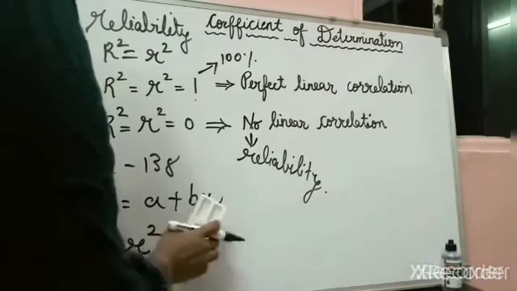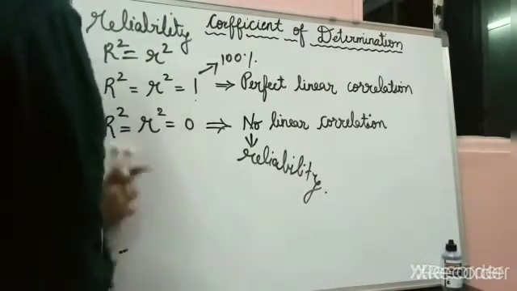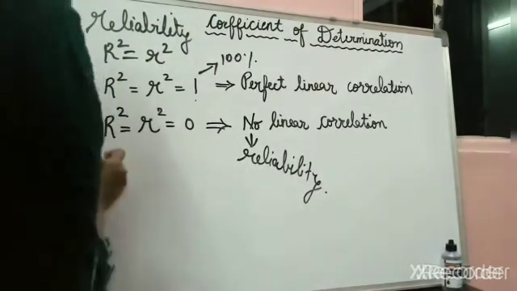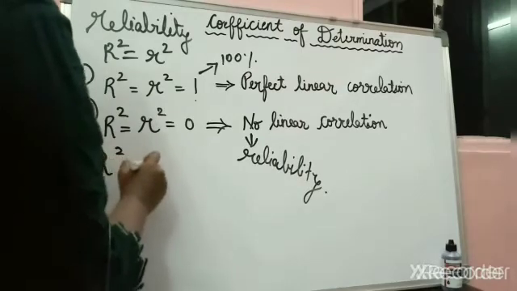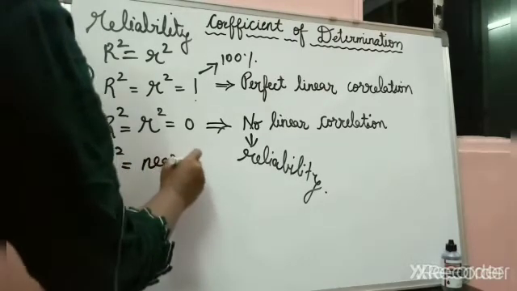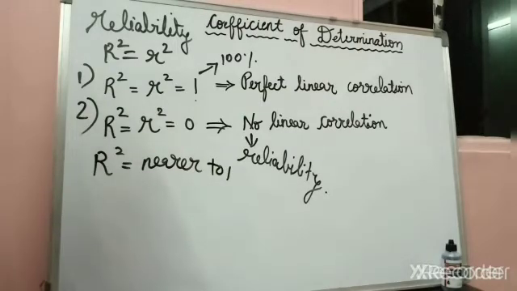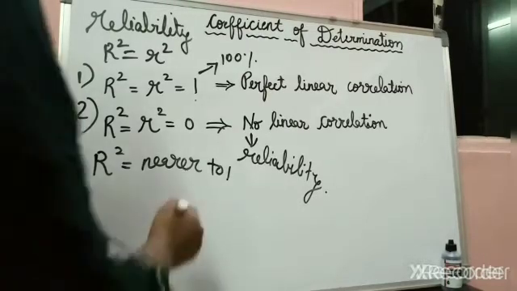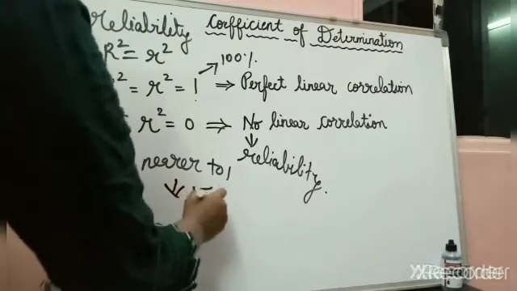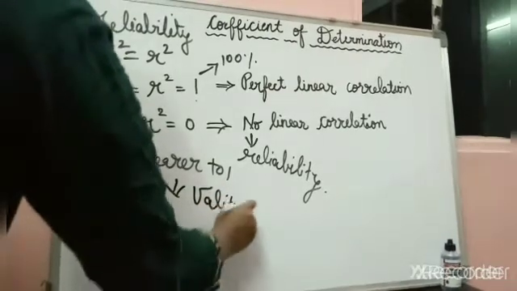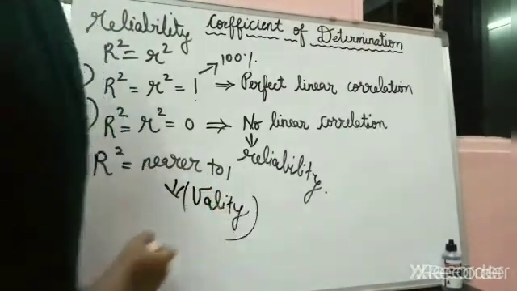Then what if the R square is nearer to 1? When your R square is nearer to 1, then in that case you can say that the assumption of the linearity of regression is valid. So in this case you can say that the linearity of the regression is valid.